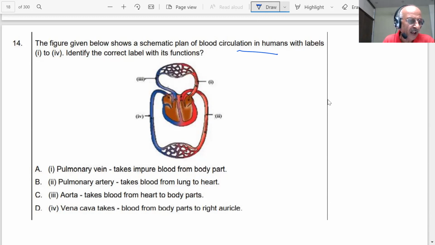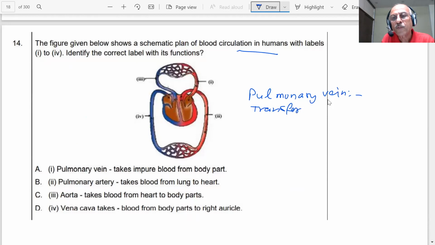If I talk of the first one, pulmonary vein, we know its function. It transfers oxygenated blood from lungs to heart.